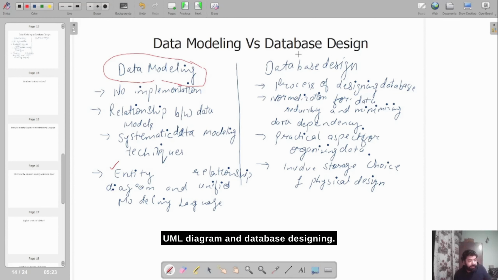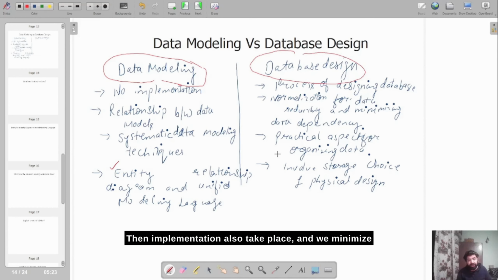And database design is a practical aspect where we actually decide how we are going to store the data. Then implementation also takes place, and we minimize data redundancy and data dependency in this process. So one is the process, and the other is just having an idea with no implementation. All right, let's move to the next one.